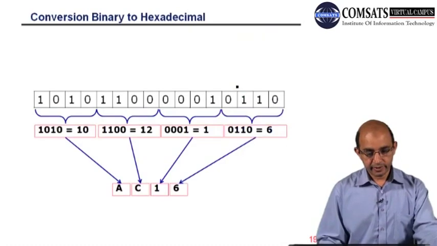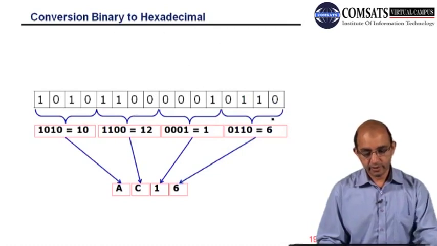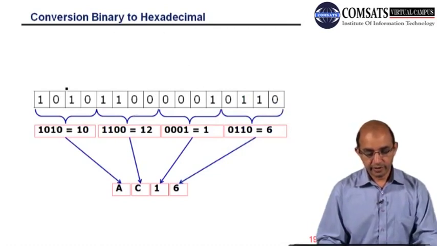So this is another representation, conversion from binary to hexadecimal. We are given this binary number and we wish to convert it into hexa. Here you can see that we have grouped the bits in 4s, so 1, 2, 3, 4 groups. This is 6, 1, this is 12, and this is 10.